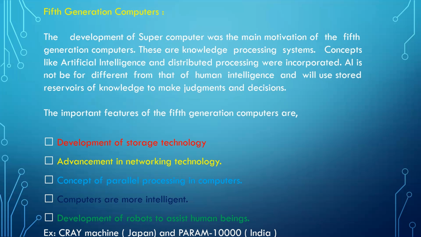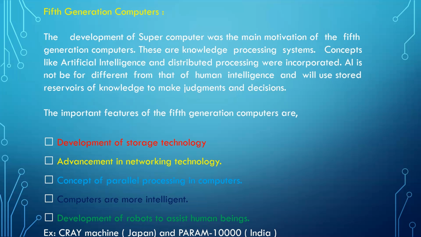Due to that, the intelligence of this computer is equal to human beings, so these are more intelligent computers, and the development of robots is used in the fifth generation computers, so that using robots, human beings can get work done.